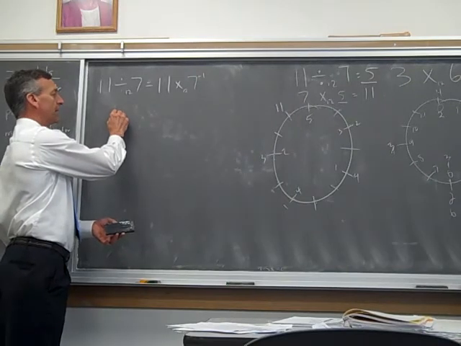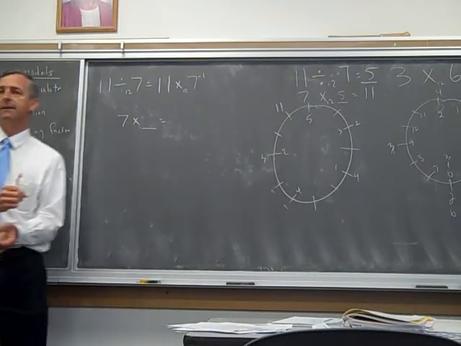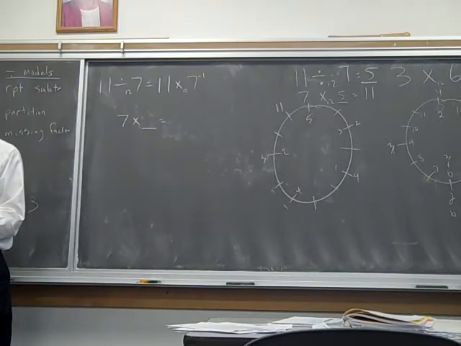The inverse will be the thing which when I multiply by it will give me the multiplicative identity. What's the multiplicative identity in clocks? What does nothing when I multiply?